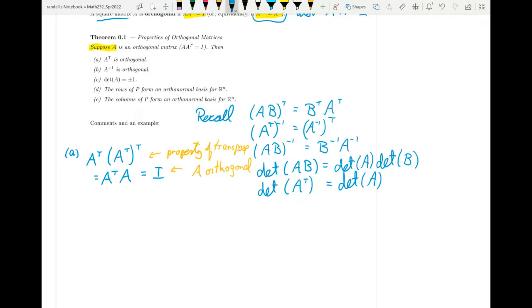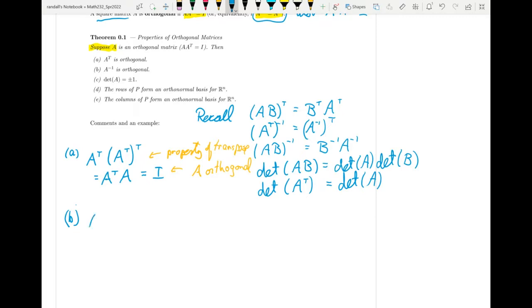So that establishes A. Now B, okay, that maybe is a little less obvious. The inverse of this matrix A is orthogonal. Now the inverse is a matrix that seems kind of far from A. In a sense, it doesn't really look like A, but let's establish that it itself is orthogonal.